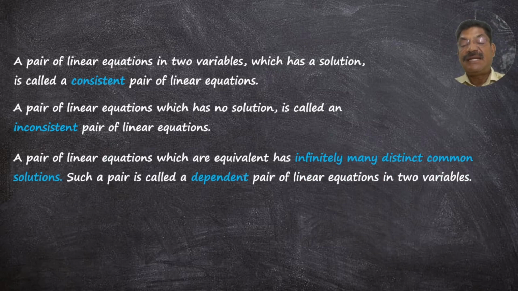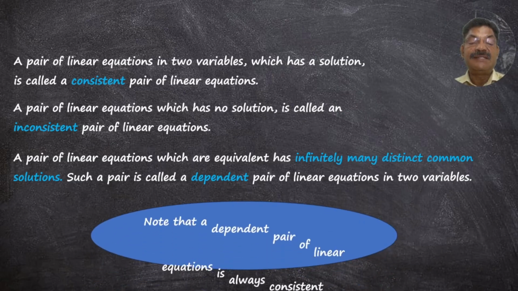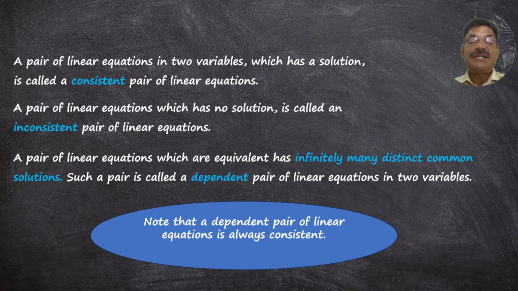As I said, if a straight line lies on another straight line completely, then all the points are common. Then all the points are solutions of that pair of linear equations. Such a pair is called a dependent pair of linear equations in two variables. So note that a dependent pair of linear equations is always consistent because it has infinitely many solutions.